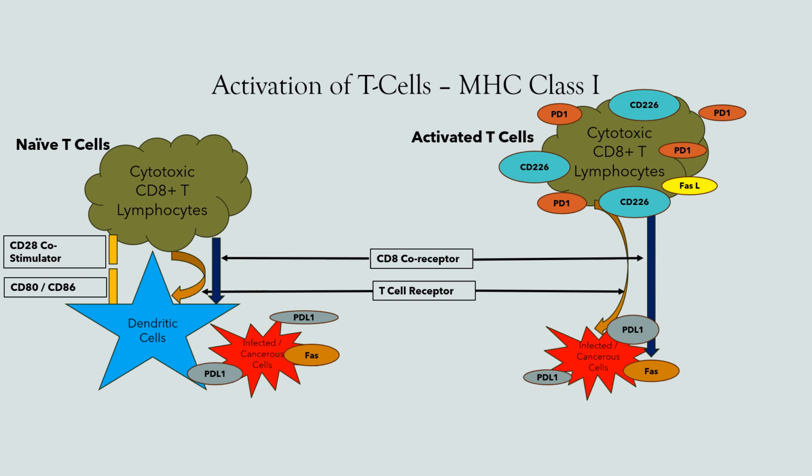I started to try to put together a pictorial representation of the activated T cells, and then I realized that there's too much to put in one picture of these CD8 plus cytotoxic T lymphocytes. So I decided to put it in a table format, but you can see that the naive cell is differentiated and has different properties and functions compared to the activated T cells.